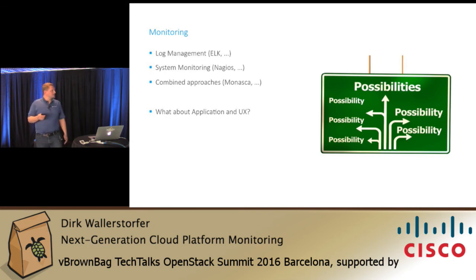And what are the tools we have right now? For log management, you could use the ELK stack, which is a combination of Elasticsearch, Logstash and Kibana. It analyzes your log files and alerts you if there is a certain pattern or if there are too many errors in your log files. Then there are system monitoring tools like Nagios, which monitor system resource utilization and provide you with a lot of alerts.